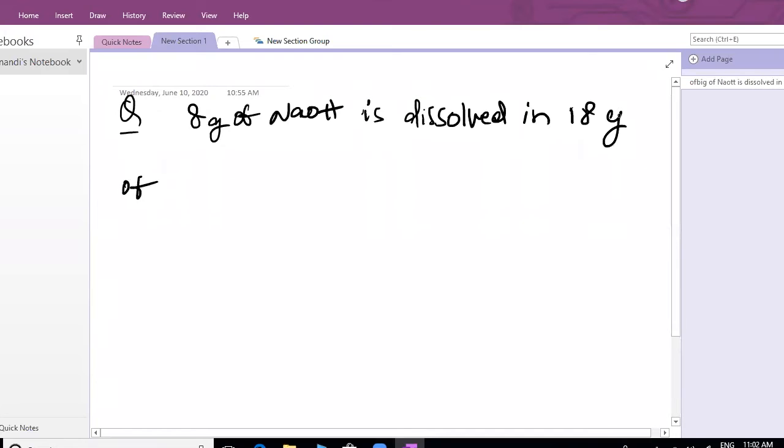Calculate molality and mole fraction. Calculate small m and capital X.